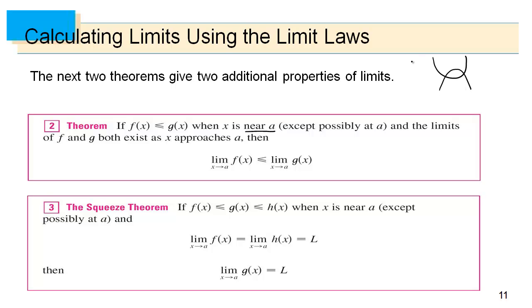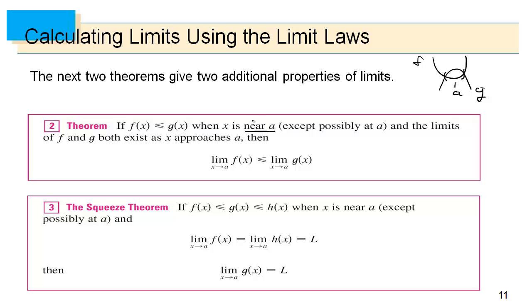Let's say this is f of x and this is g. It says f is supposed to be less than or equal to g. Well, f is obviously not less than or equal to g everywhere, but it is on this neighborhood. So if a was somewhere in between those 2 points, then this holds, and that's all that matters: that f is less than g in some small neighborhood around a.